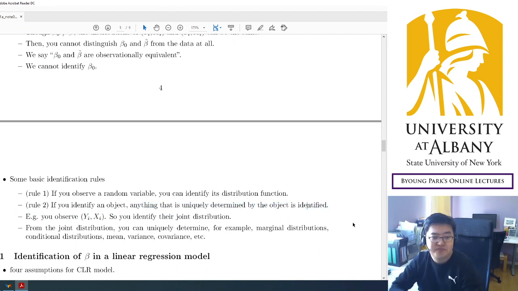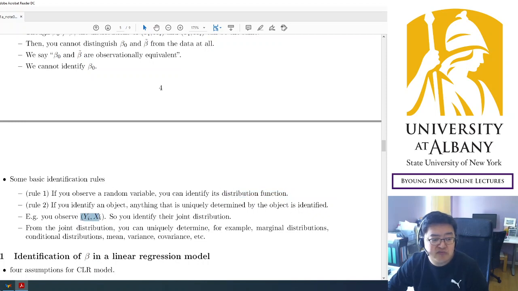For example, you observe x, so you identify the distribution function of x. And then the expected value of x is uniquely determined by the distribution function. So if you know the distribution function, almost everything is identified by it.